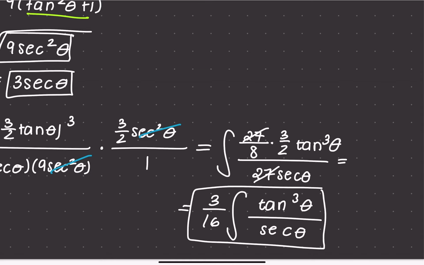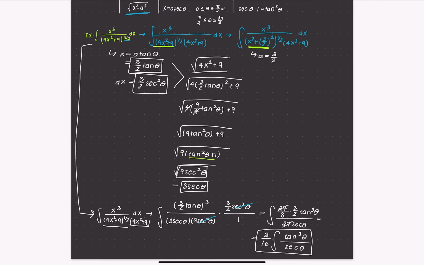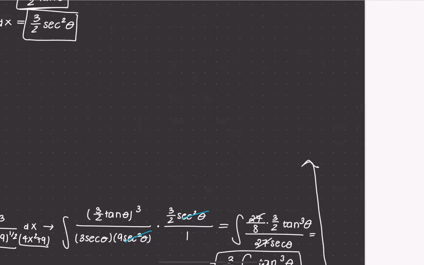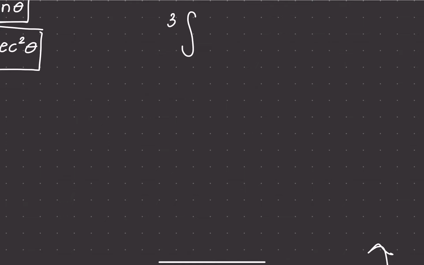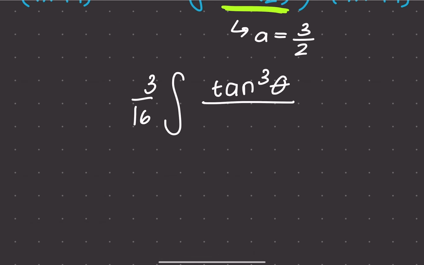We don't want to leave this integral in tan and secant. We're actually going to rewrite it in terms of cosine and sine. So our integral right now is 3 over 16 times the integral of tan cubed theta over secant theta d theta.